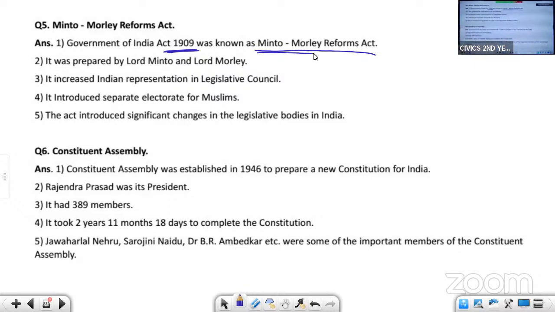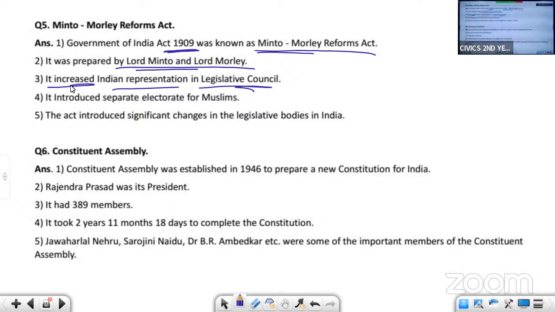It was prepared by Lord Minto and Lord Morley. Lord Minto was the Viceroy of India and Lord Morley was the Secretary of State for India. So they prepared this act. That is why we call it Minto-Morley Reforms Act. Through this act, the representation of Indians in the Legislative Council was increased.